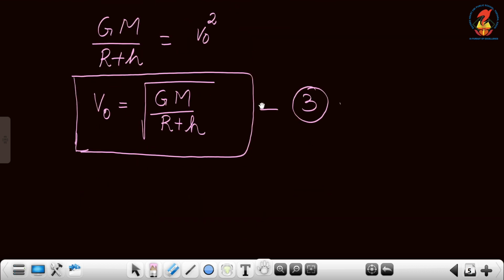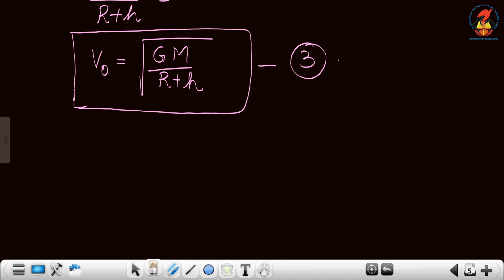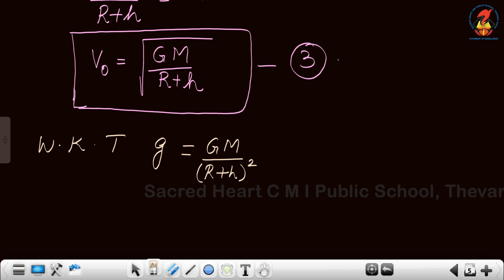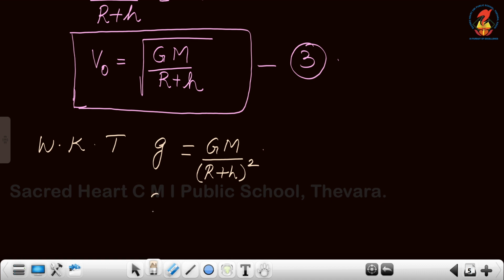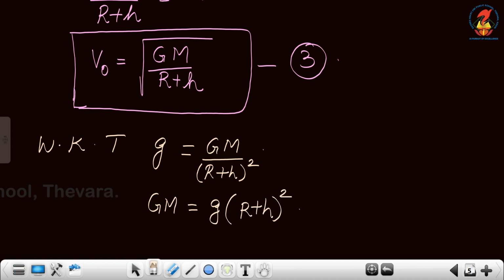Now, I'm going to write orbital velocity in terms of acceleration due to gravity. We know the equation: acceleration due to gravity, small letter g, is equal to G M divided by r plus h the whole square, or we can write G M is equal to g into r plus h the whole square.